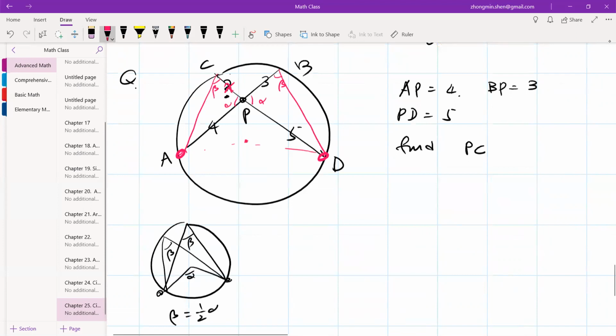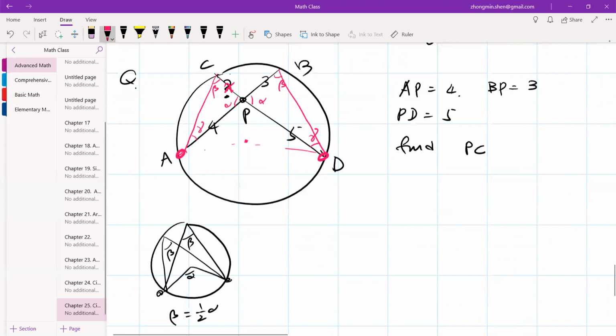And if B and C are fixed, so this is gamma. This must be gamma. So you get two triangles with corresponding angles equal, so those two triangles are similar.